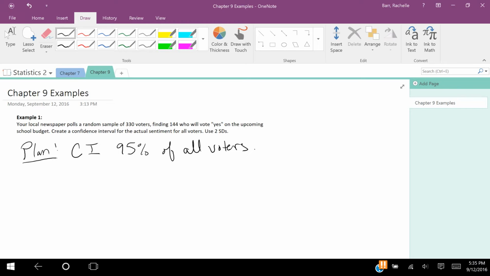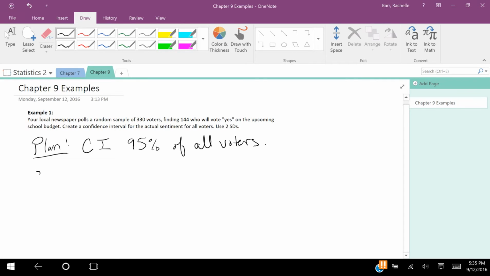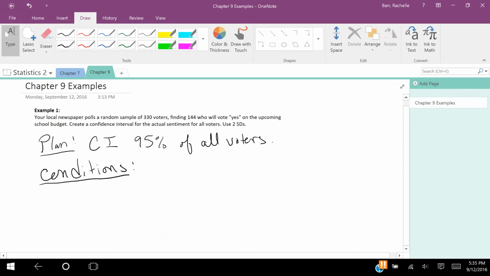So the first thing I want to do is check my conditions. If you remember, one of the first things I want to ask is my plausible independence condition. So it's probably reasonable to expect that, if they're using good surveying techniques, then it's probable that they were looking at something independent, just because voters usually are independent.